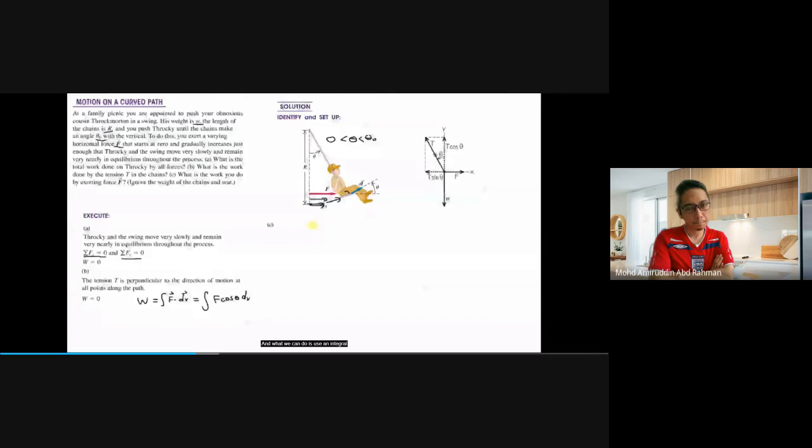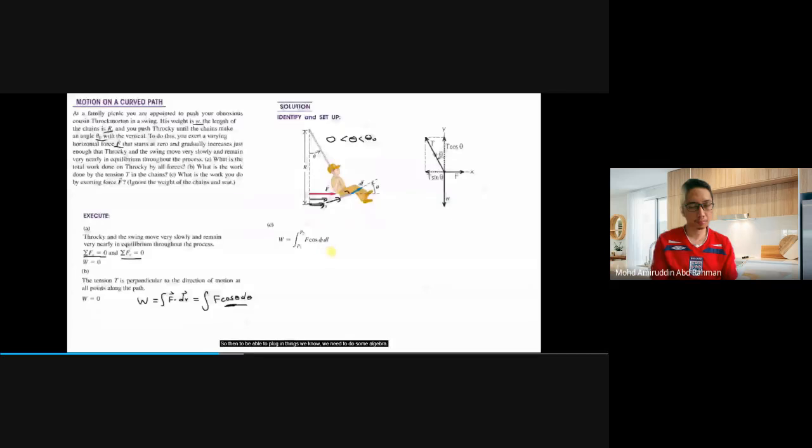What we can do is use an integral, and specifically use the one I just wrote. So the work is equal to the integral from point 1 to point 2 of F times the cosine of phi times dl. The reason I have a phi here and an L here is just to keep things general, so we're not actually jumping to the problem yet. This is just the general flow.